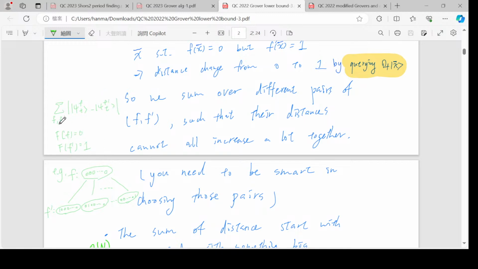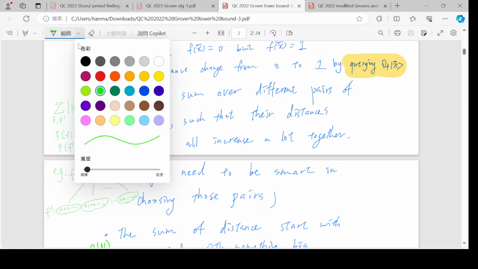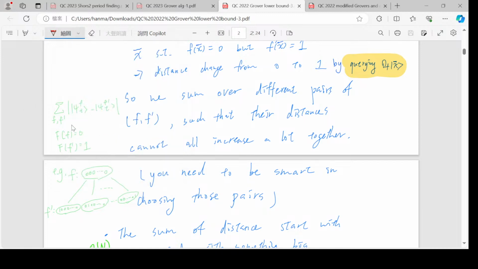So there is some relationship you need to choose here. Okay. So some f and f prime in some relation R.